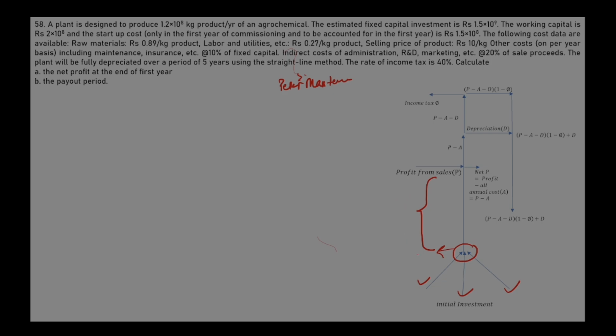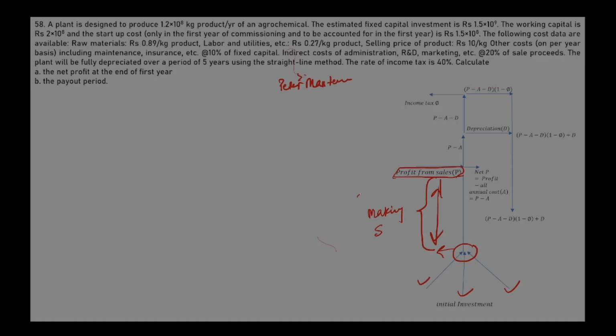Very first time I just erected a plant and start production, but before going to the market, like I'm making samosas, this is the time period. Now after going to the market I will get profit from the sales, whatever I have sold.